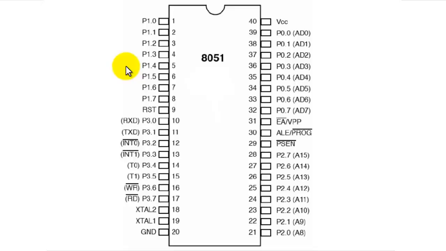In a language like C, we can do this by just assigning it the value 0x01, that is the hex value for the binary 00000001. So in this way we can set a pin high through the program in the 8051 microcontroller. This is how the general purpose IO pins work.